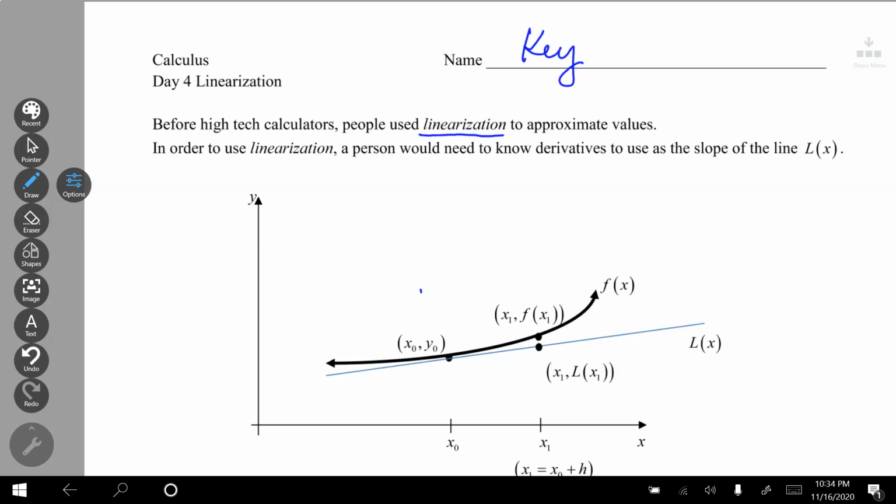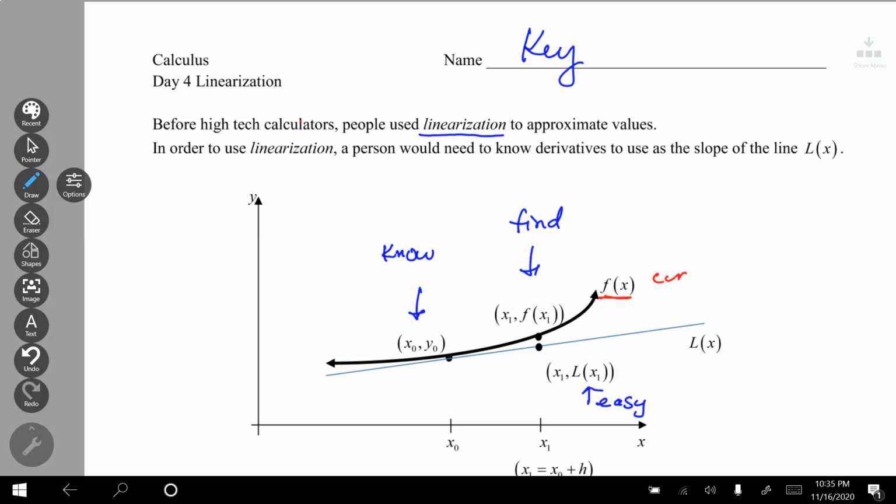They knew some point x sub 0, y sub 0, and they knew some curve, and it's too hard to figure out this next y value. So they decided to find this one, because this one's easier.